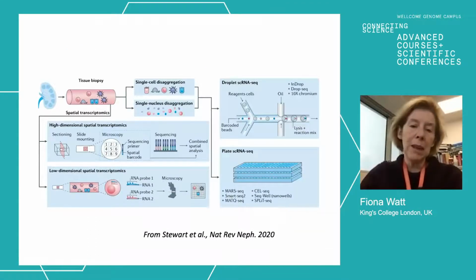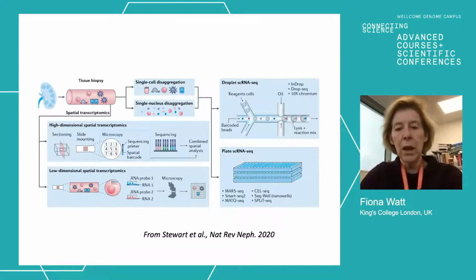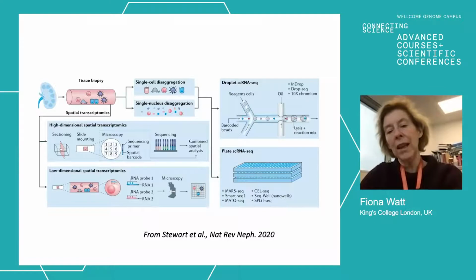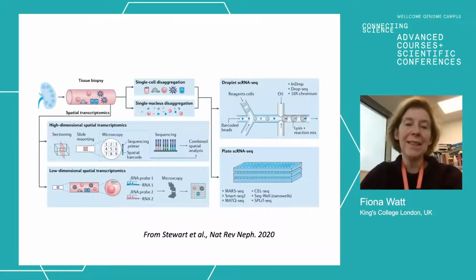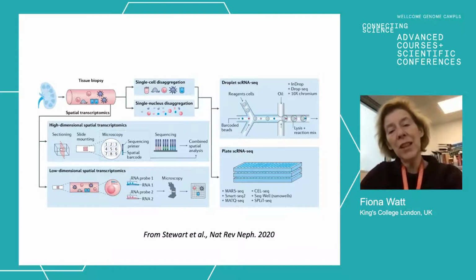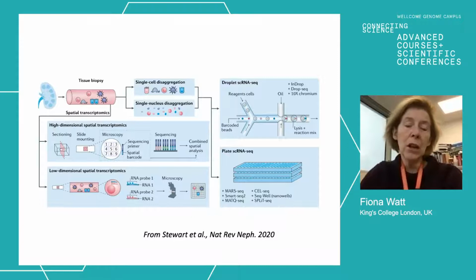This diagram explaining the sorts of approaches that people take is actually taken from a review in a nephrology journal, hence the kidney in the top left-hand corner. But essentially the strategy is similar for the skin. So the starting point is generally a tissue biopsy.